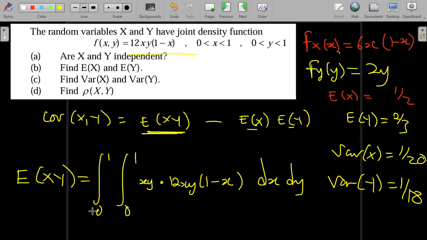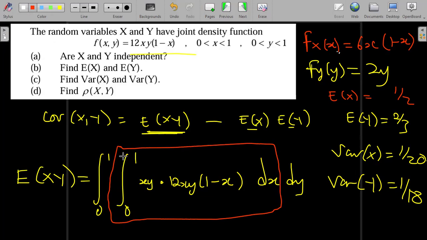So first of all, you evaluate the inside integral. Whatever this is going to give you, the inside function, you also integrate it with respect to y. That's how you can proceed if you end up with such a question.